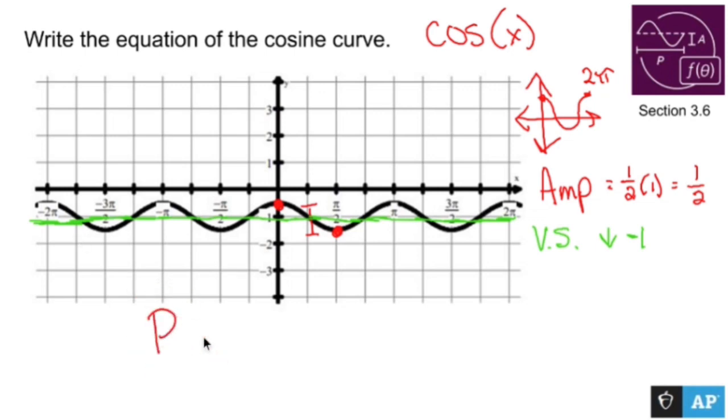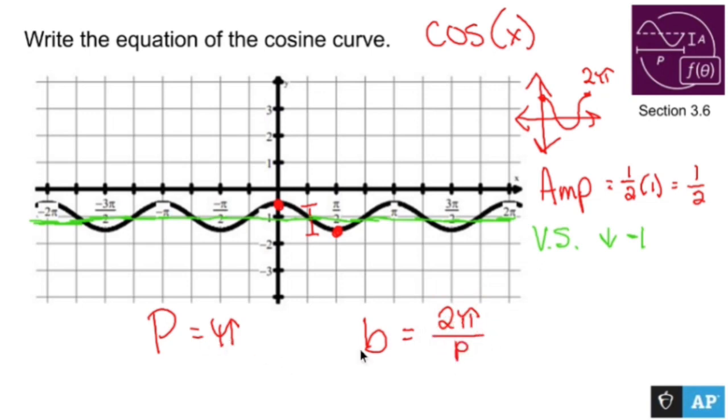So if your period is every pi, the period is also given to you by figuring out what your frequency is. Frequency, when written out, is the number attached to x. The way you find your frequency, and I like to call my frequency B, is it's going to be 2 pi divided by the period.